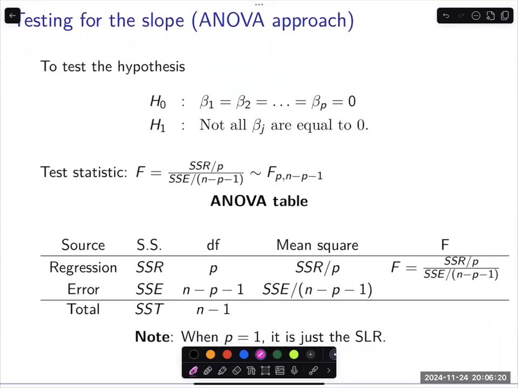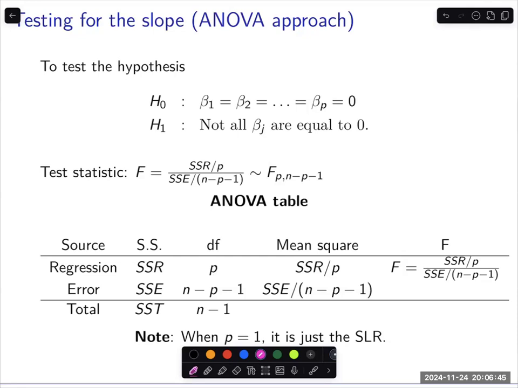In the ANOVA approach for testing multiple linear regression, our null hypothesis is that there is no relationship whatsoever in our model. That means there's no relationship with respect to x1, x2, or xp. The alternative hypothesis is that not all of them are equal to 0.